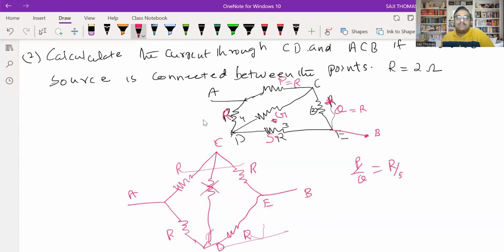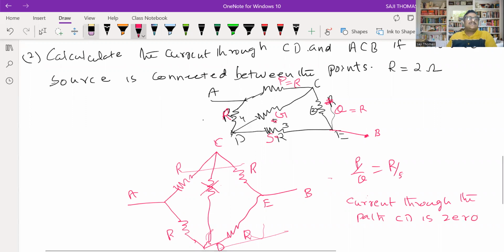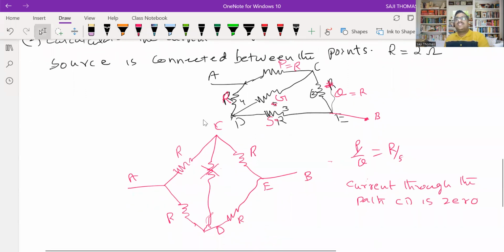So the current through the path CD is 0 because the Wheatstone principle is obeyed.